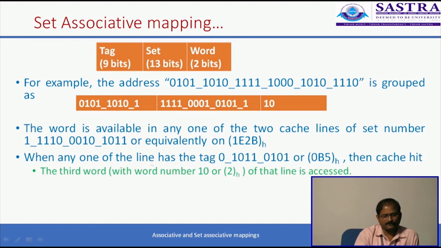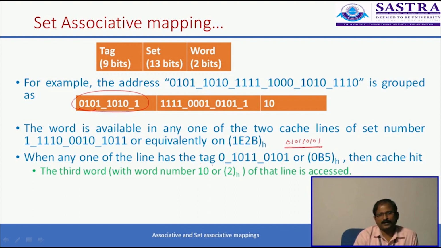When any one of the lines has tag, this one, 0 1 0 1 1 0 1 0 1. If any one of these 2 lines has this tag, then cache hit.